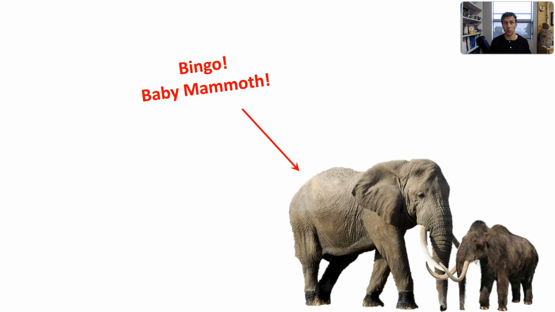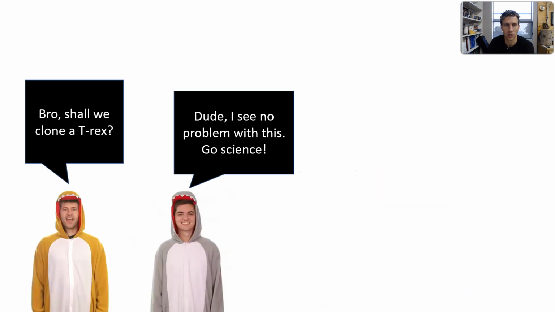Yeah, we actually have. We have cloned various species that were extinct, and we've actually brought them back to life. That's pretty cool. So we're going to watch a little video where they talk about this process and they explain some of the science behind it.